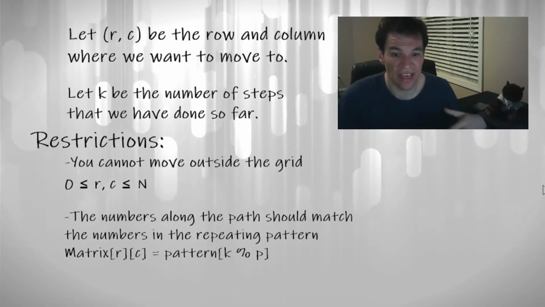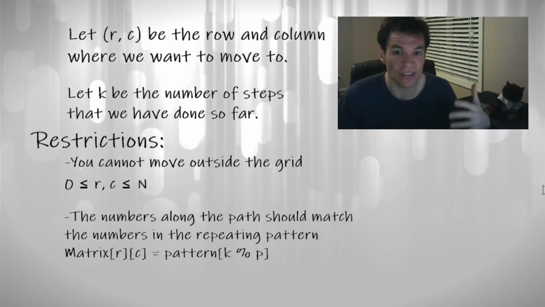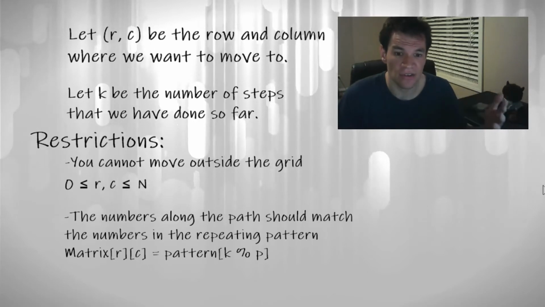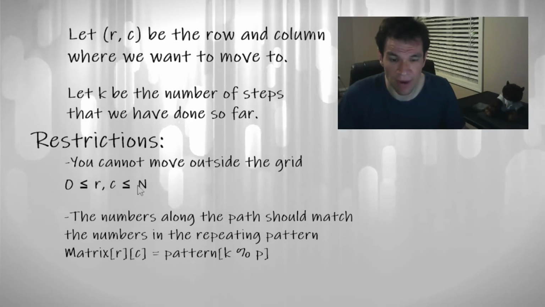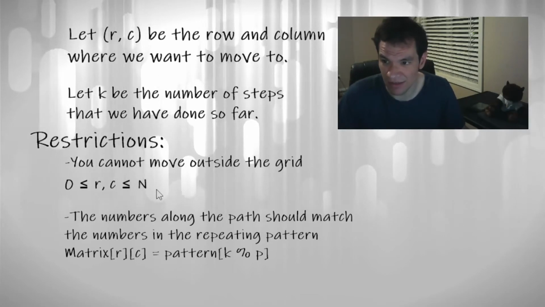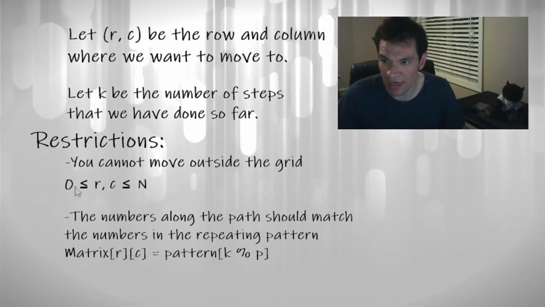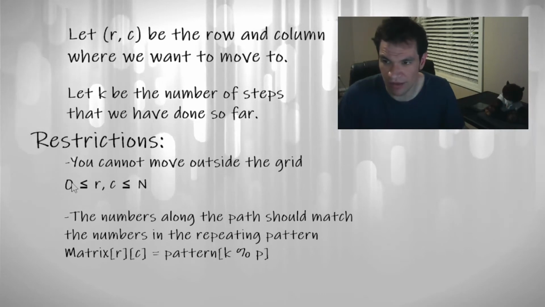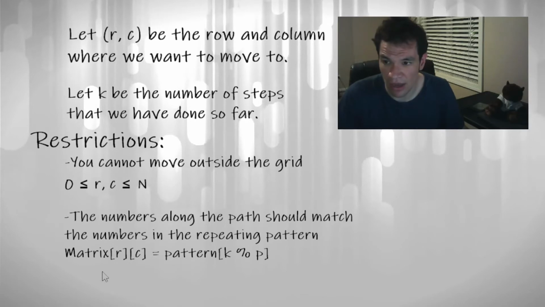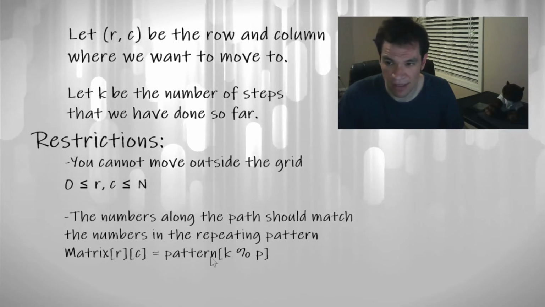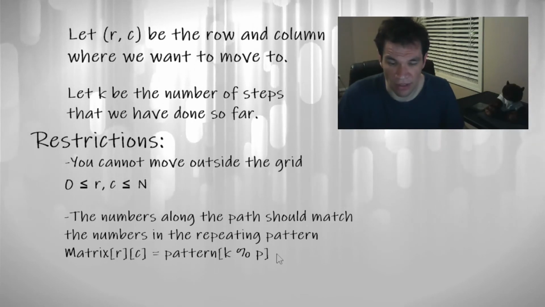Then the same two restrictions mentioned previously can be rephrased mathematically like this. Here is that you cannot move outside the grid, and this is that the number on the matrix matches the number on the pattern.